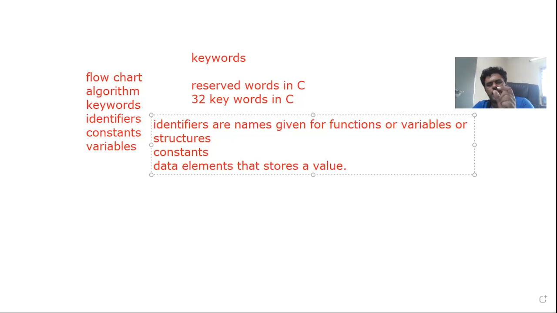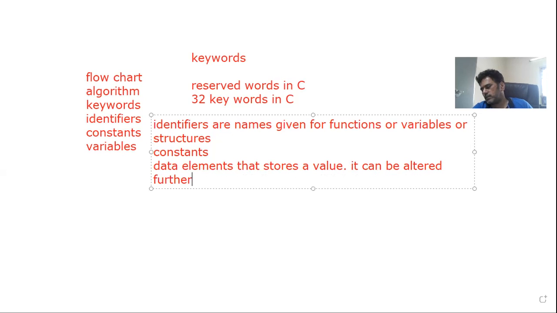The data element can store some value, but it cannot be altered. So the constant is one of the data elements that stores some value, but whatever value is stored in it cannot be changed. Once you start the program, the value will remain the same till the end of the program.